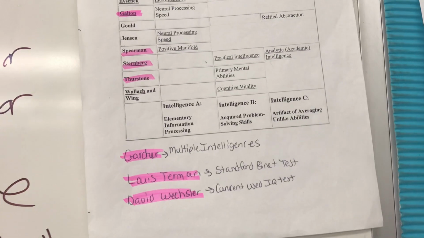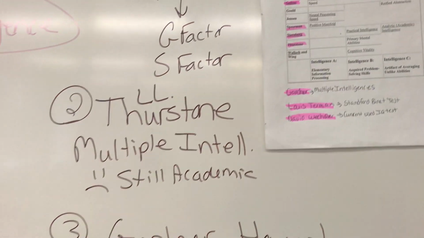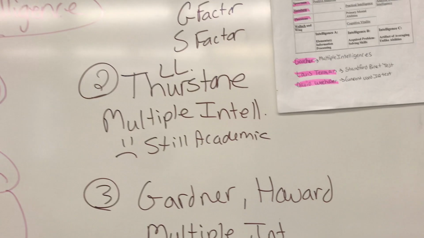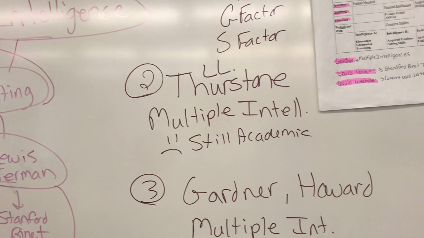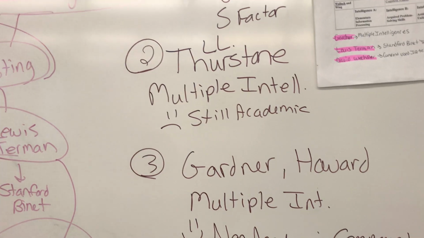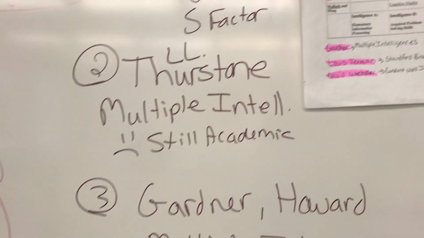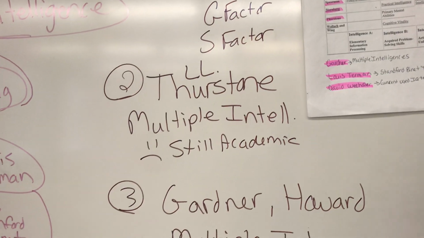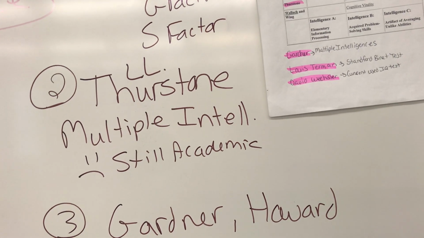Okay, so Thurstone talked about primary mental abilities, and that is within multiple intelligence. Again, still academic in focus. So those are everything that's like mathematical, verbal, English language, all processing skills, academic focus. So what ended up happening was we still got a primary score, the G factor. We didn't really branch out. We just broke down all the factors that we need to study in a test.